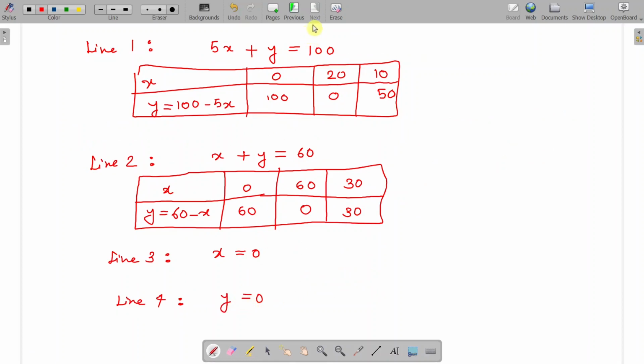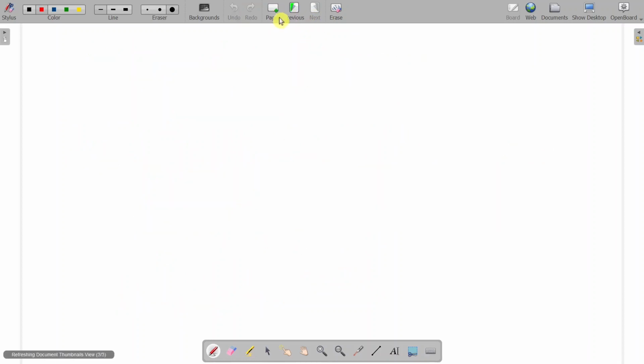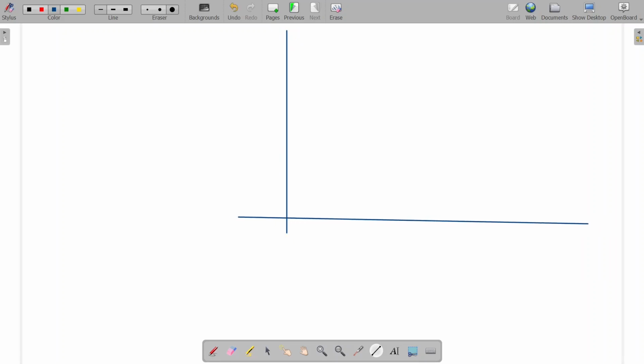Okay, so now what we have to do is draw the graph here. So suppose this is the y axis, this is the origin, and this is the x axis, right?